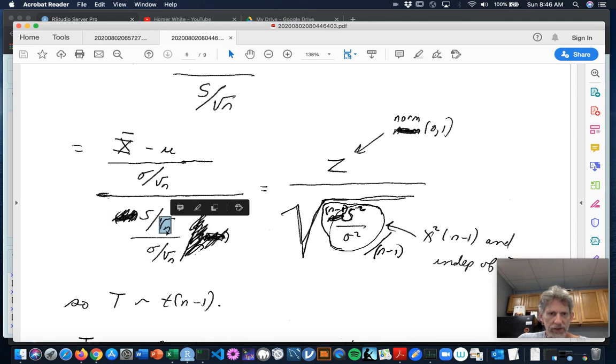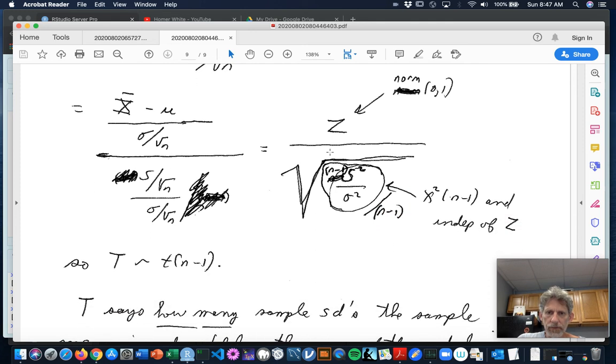And I'm going to go ahead and cancel out the square roots of n because they cancel. And I'm going to express the whole thing as the square root of itself squared. And so the S that's there will be squared, and the sigma will be squared. And so I'll be left with the square root of all this stuff, the square root of n-1 capital S squared over sigma squared. And then on the bottom, there'll be an n-1.